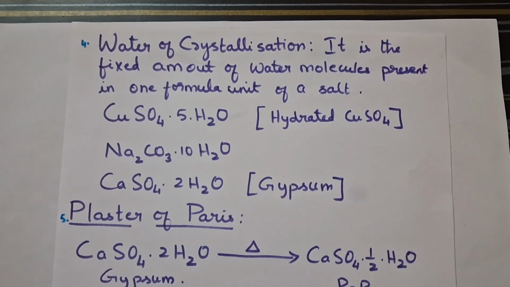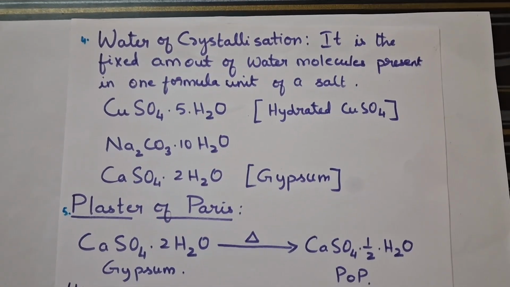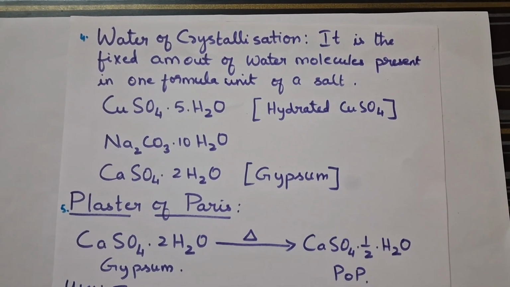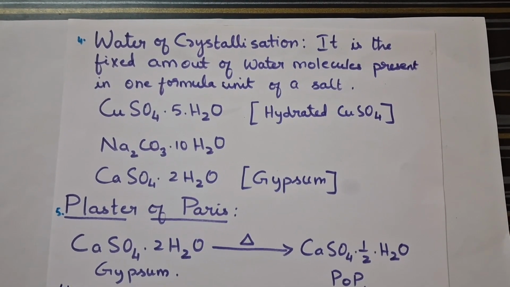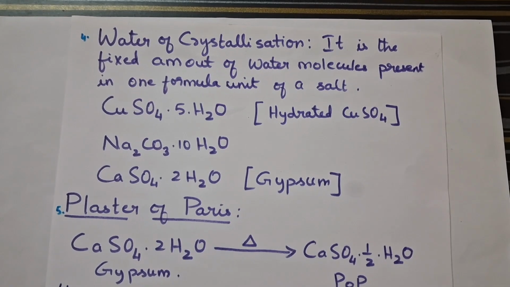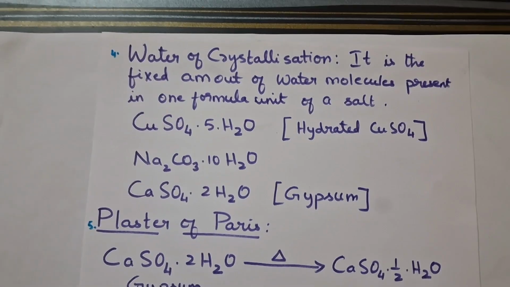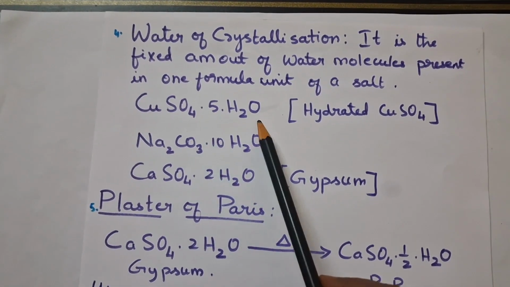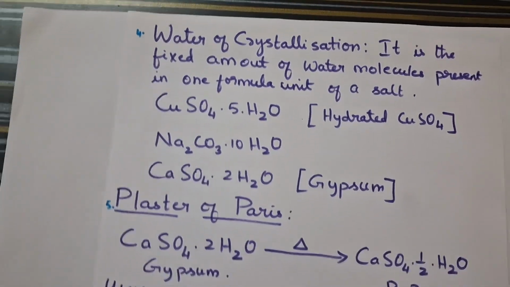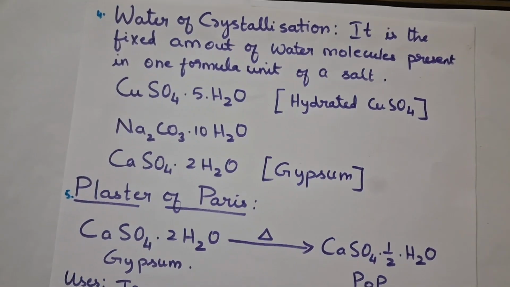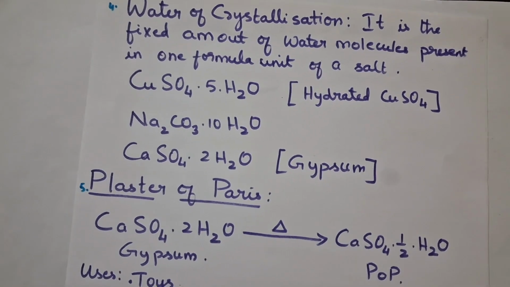Next one is water of crystallization. Few salts contain a certain amount of water along with the salt in crystal form. For example, copper sulfate, CuSO4, contains 5 molecules of water along with it. Normally the color of copper sulfate is blue.